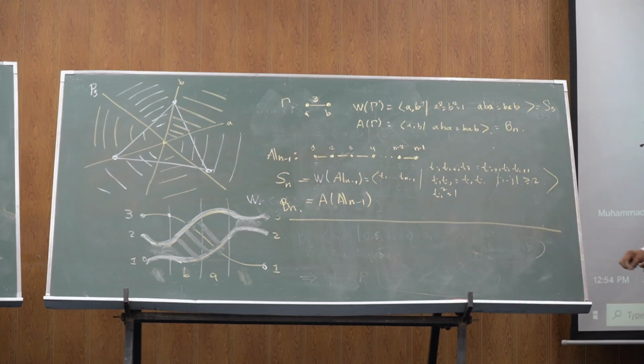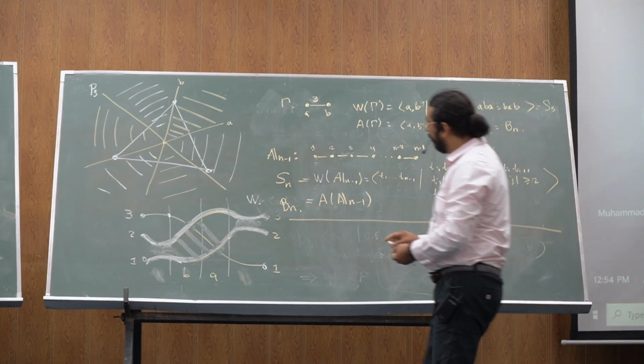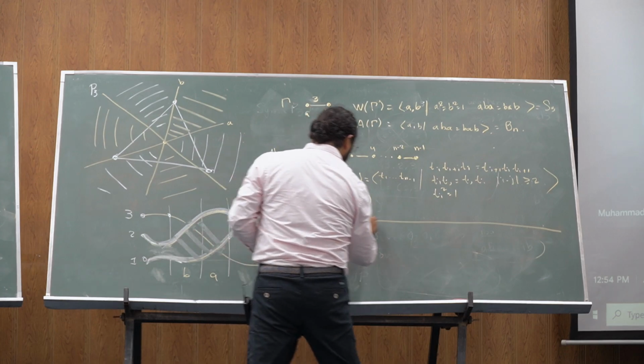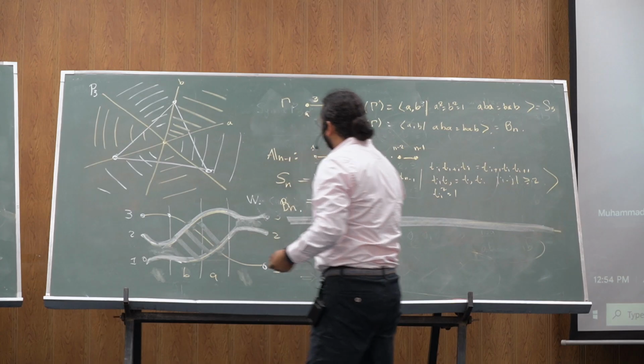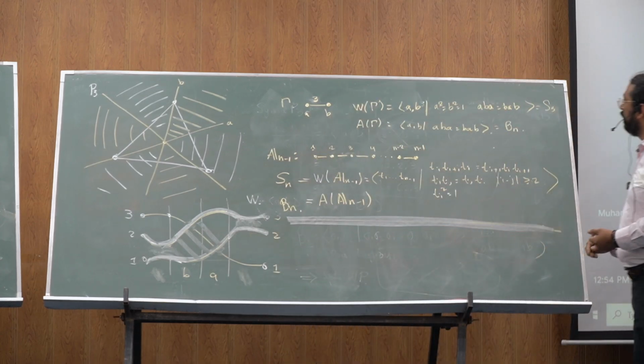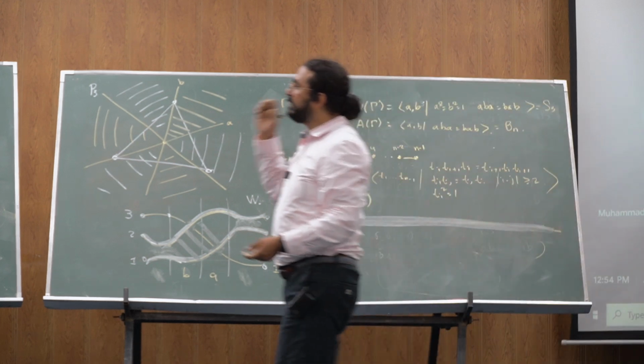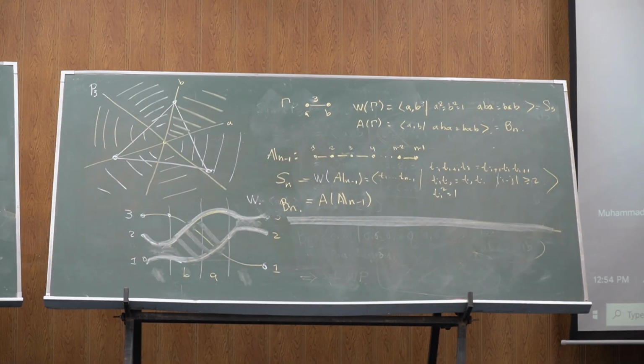Just to finish with this example, as you can see, this is completely combinatorial. Here I'm not putting any geometry, just a combinatorial set of tools.